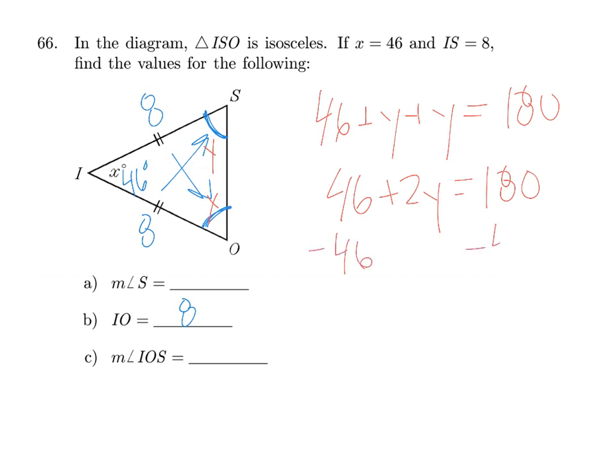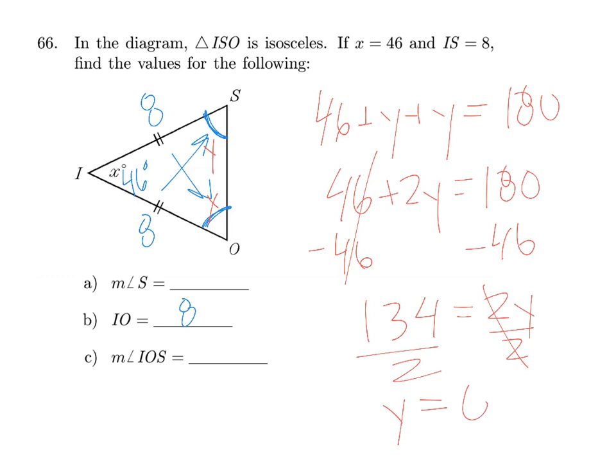Subtract 46. Now 134 is equal to 2y. Divide by 2, and y is equal to 67. So each of these angles is 67. So that's 67 degrees, and IOS is 67 degrees.